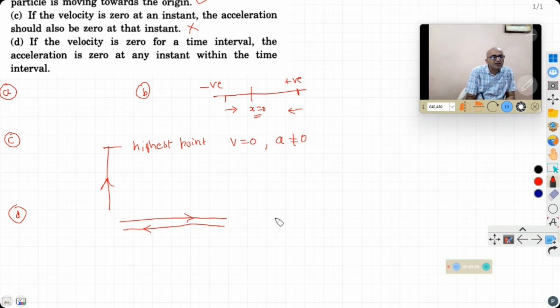So its displacement is how much? Displacement is 0. The acceleration is 0 at any instant within the time interval.